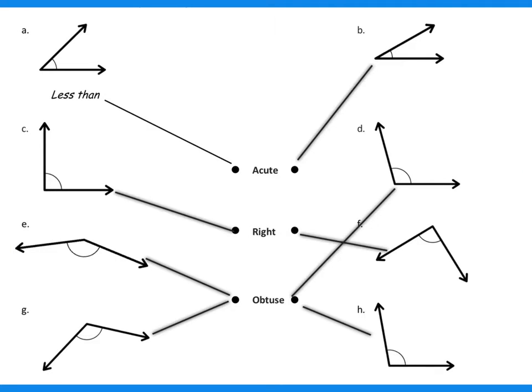Using the information we just learned, we know that acute angles are less than 90 degrees. We know right angles are exactly 90 degrees, and obtuse angles are more than 90 degrees, but less than 180.